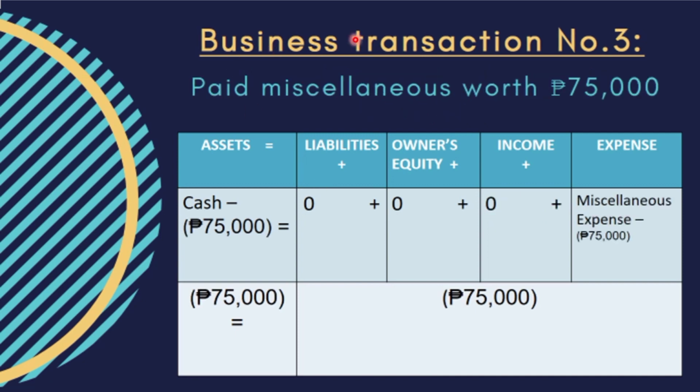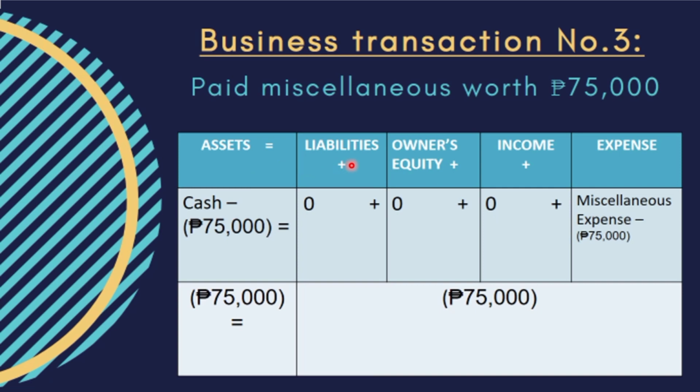Business transaction number 3: Paid miscellaneous worth 75,000. The account titles involved in this transaction are cash and miscellaneous expense. For our asset, it is negative 75,000. The negative sign indicates payment of cash, so there is a deduction of 75,000 on cash.